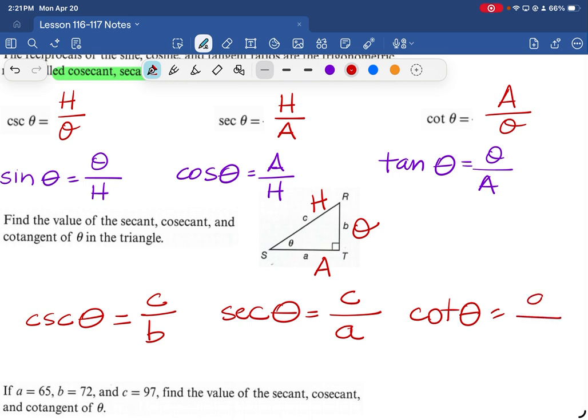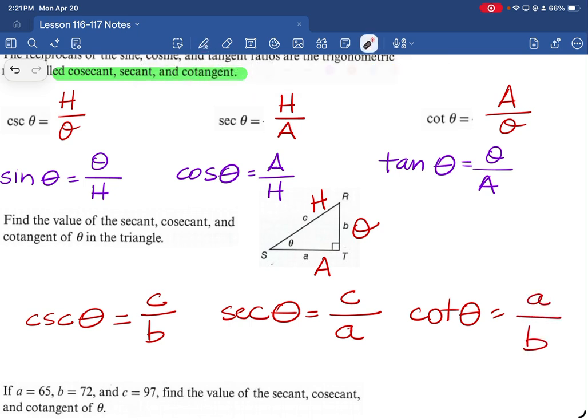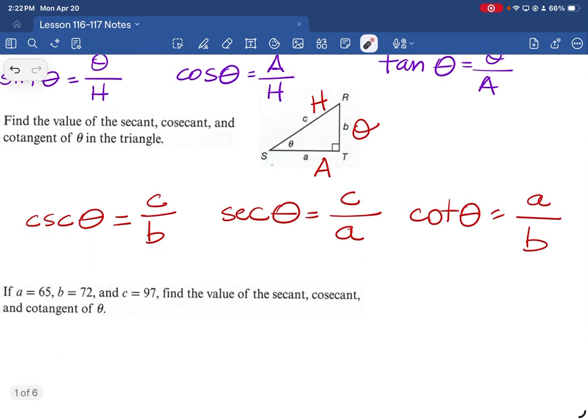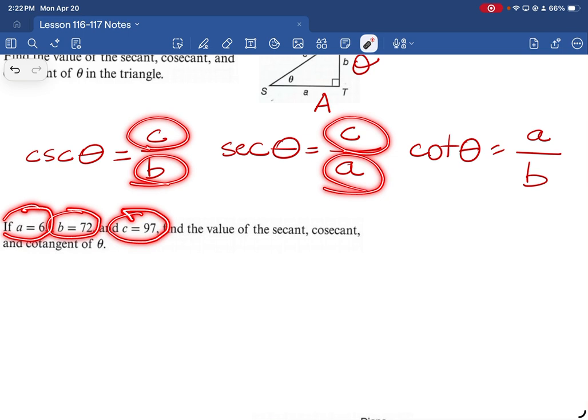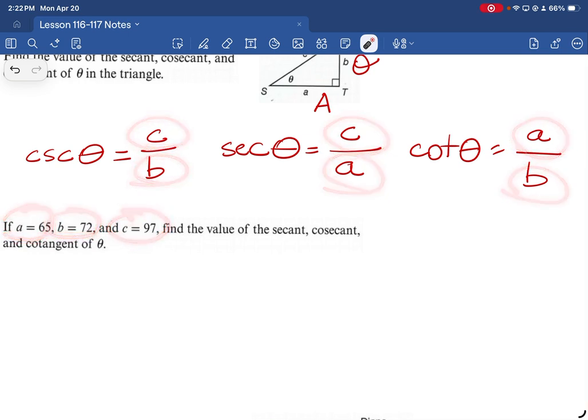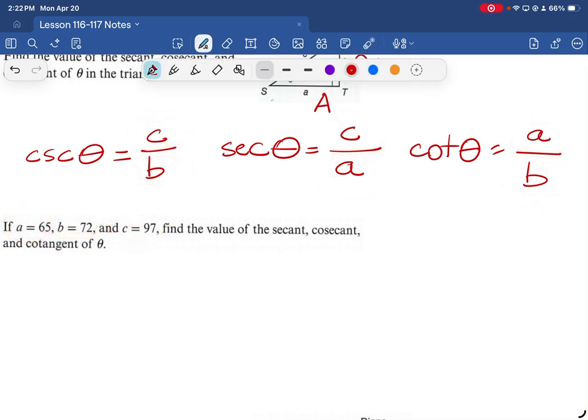A over B, and he's correct as well because cotangent is A over O. So when we look at the diagram, here's our A, here's our O, and so it's A over B. Down here, they have assigned values to each of those variables. So now we're just going to plug the numbers into these variables. Would we reduce? No need to reduce.